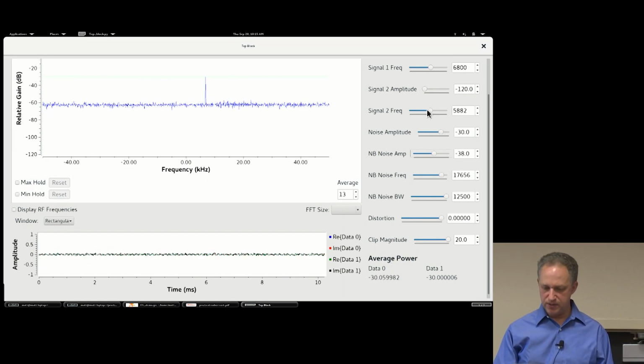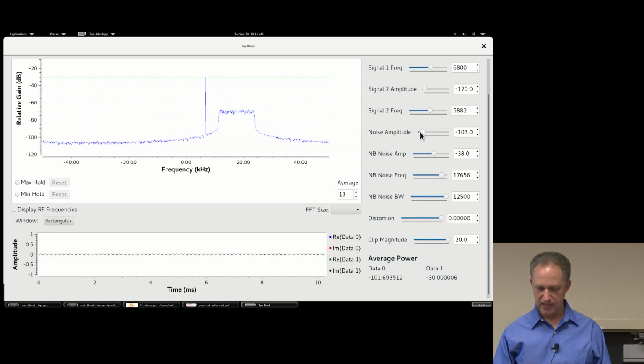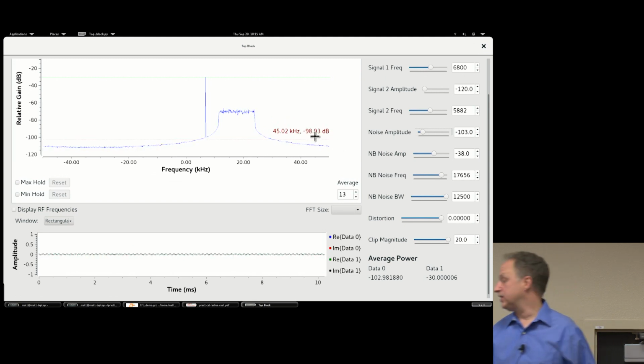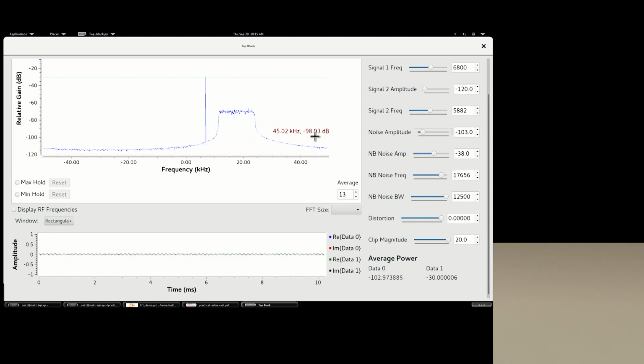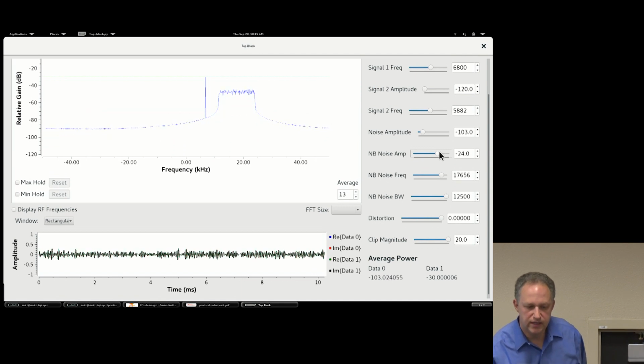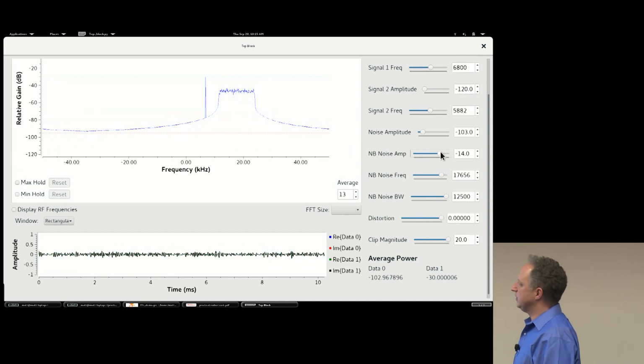Okay, so now what happens in a real radio where we have intermod and things like that? I'm going to reduce the noise amplitude here, and this is a second signal. Here's a question: which of these signals has more energy in it?